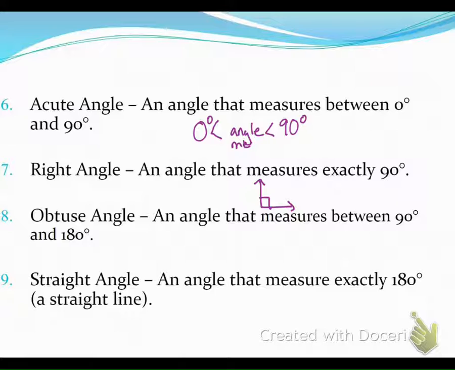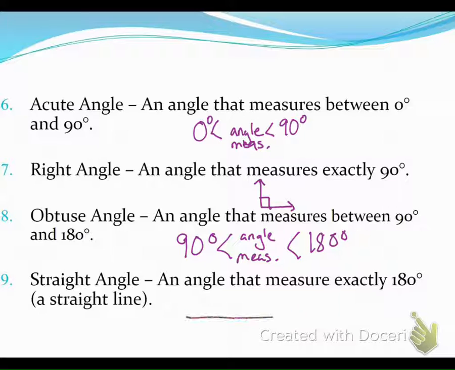And an obtuse angle is going to be between 90 and 180, but not inclusive of the 90 or the 180. So it's going to be 90 degrees is less than that angle measure, which is less than 180. And then a straight angle is exactly 180 degrees. It is a straight line.